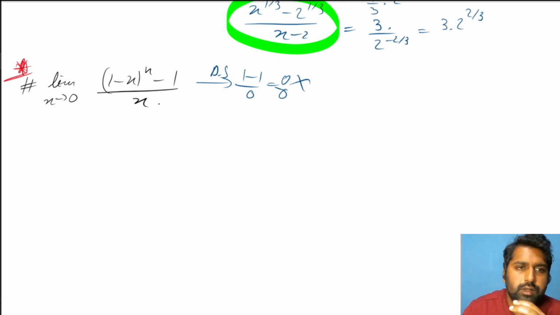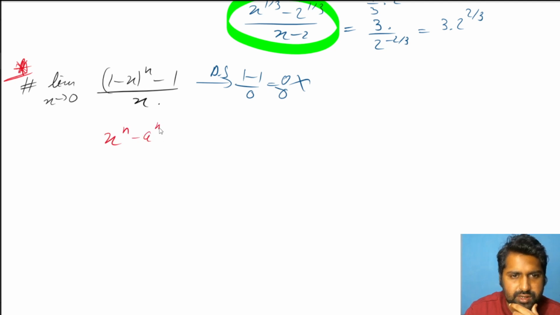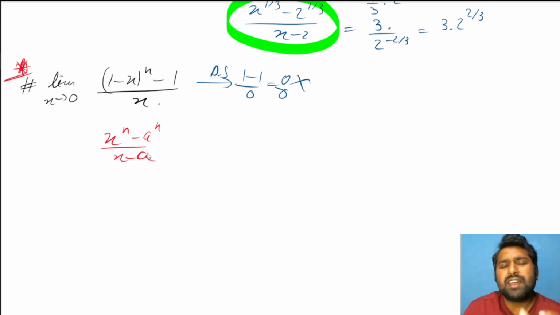See, for the time being, let's say I want to force the standard limit on it. So the standard limit looks like this: the variable raised to power n minus some constant raised to power n upon x minus a. Okay, the name of the variable can be anything. It's not a condition that it always has to be x. It can be y, t, m, n, doesn't matter.